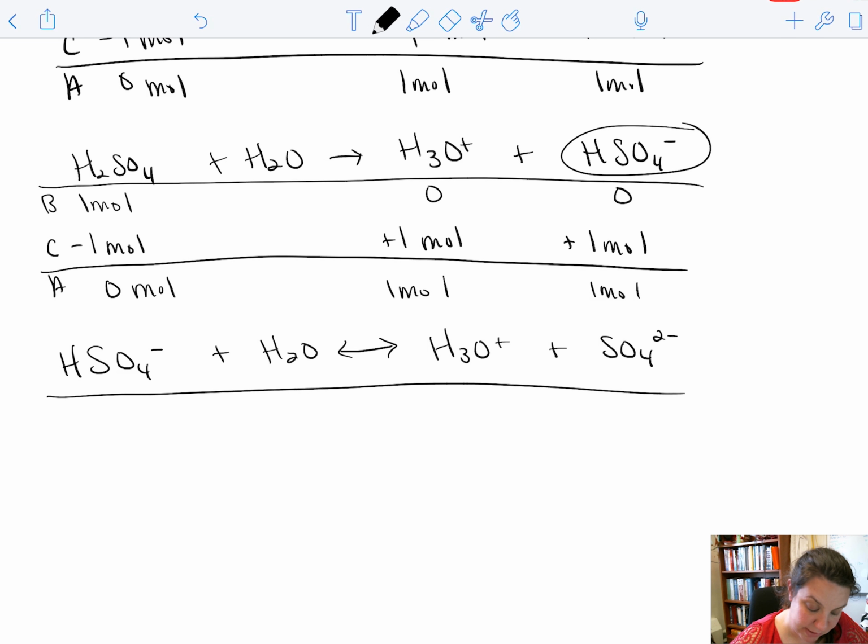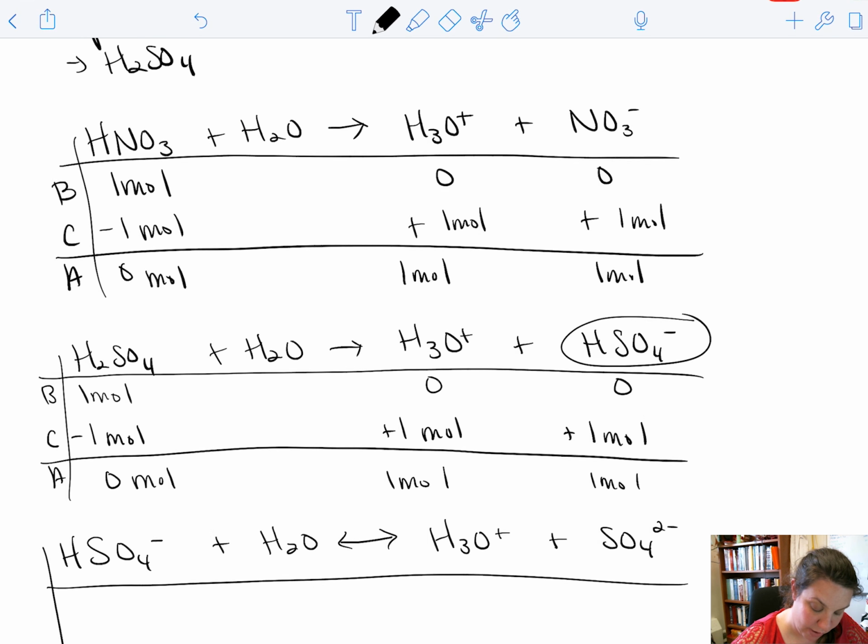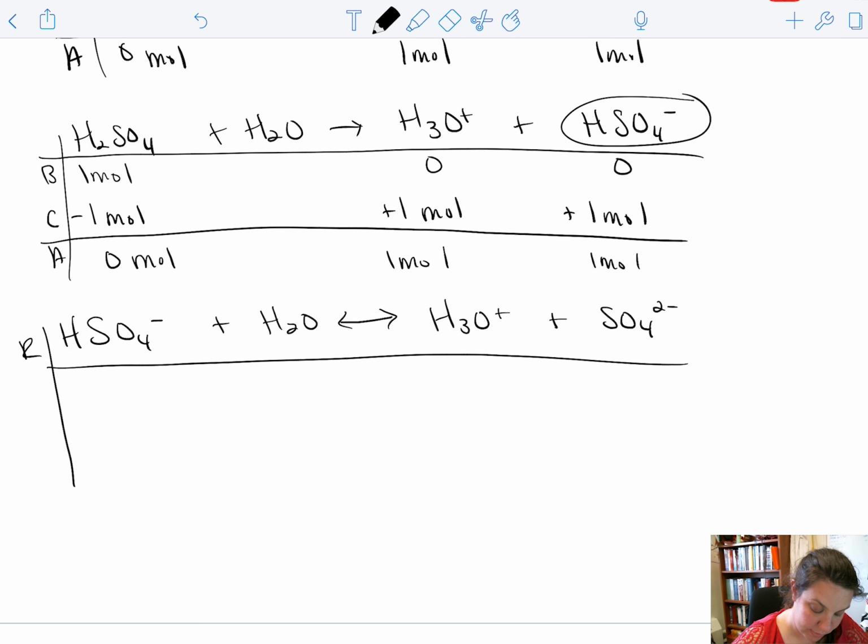So instead of a BCA table, we will have a Rice table. So when you're dealing with strong acids, strong bases, you can use your BCA tables. When you're dealing with weak acids, weak bases, you're going to be dealing with a Rice table.